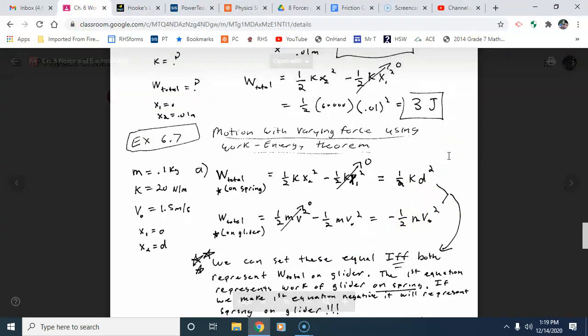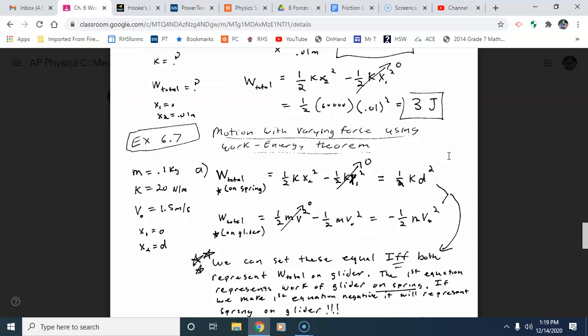So there's a good diagram, this is on page 186, of an air track glider hooked to a spring. And this 1.1 kilogram glider in example 6.7 is attached to this spring whose force constant is 20 newtons per meter.